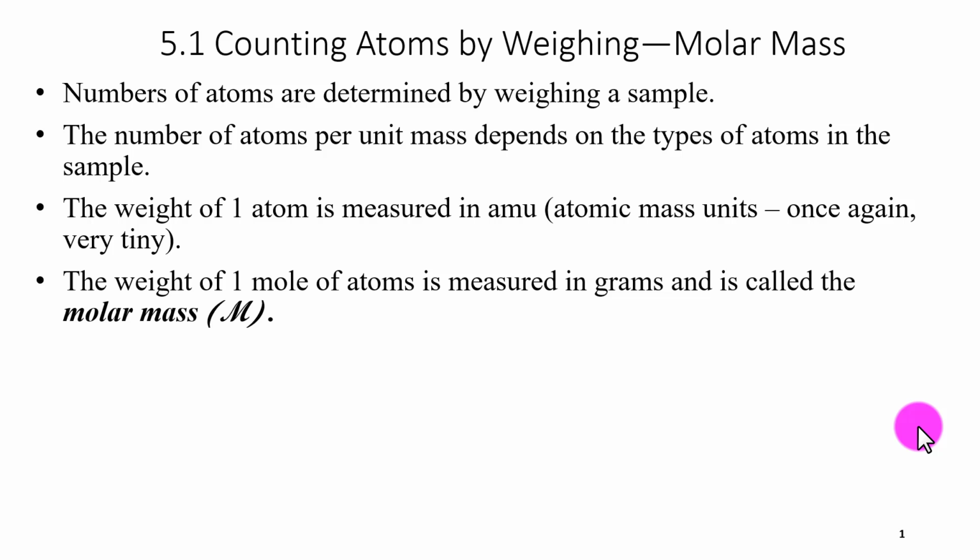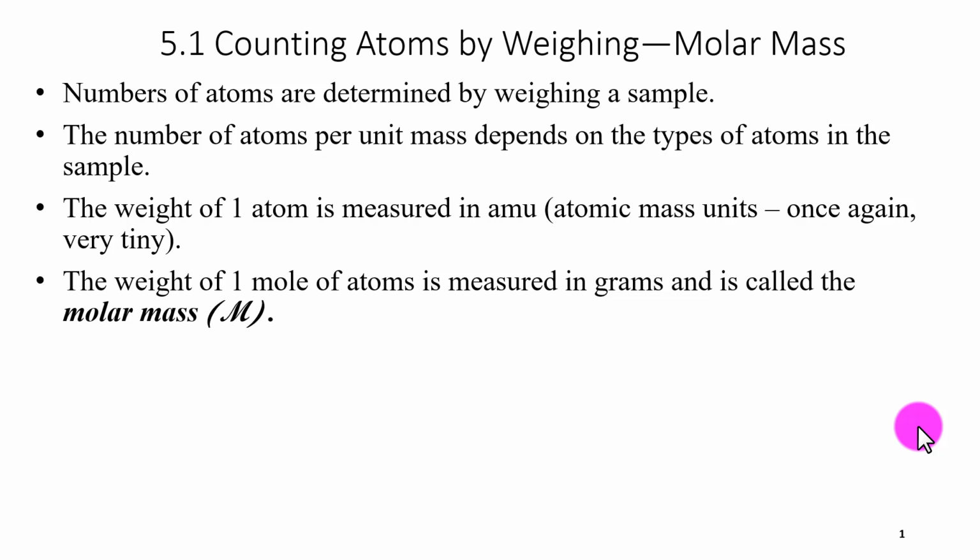Following the same logic, 1 mole of hydrogen atoms weighs less than 1 mole of iron atoms. They have the same number of atoms, but because each individual hydrogen atom weighs less, 1 mole of hydrogen atoms is going to weigh less than 1 mole of iron atoms.